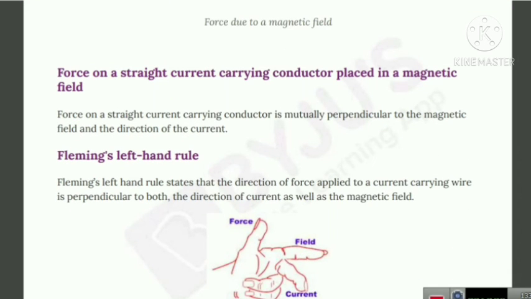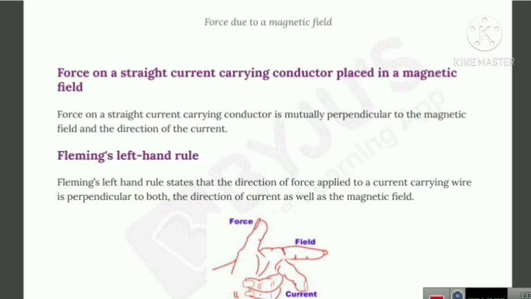So the force on a straight current carrying conductor is mutually perpendicular to the magnetic field and the direction of the current. So from this we can say that it is once again observed that the direction of the force acting on the current carrying rod gets reversed.